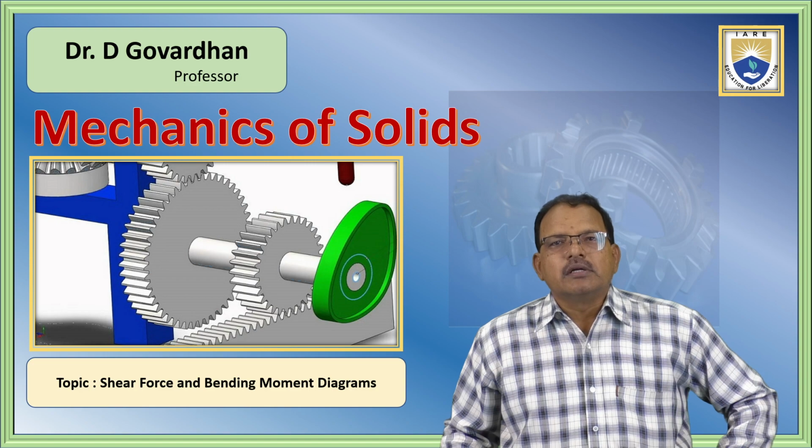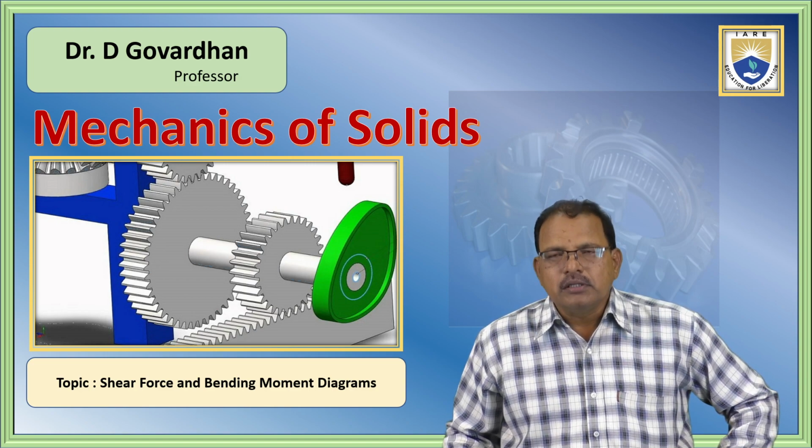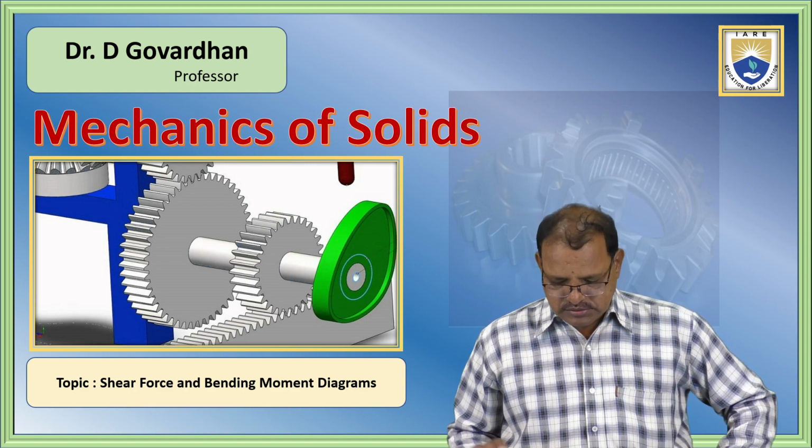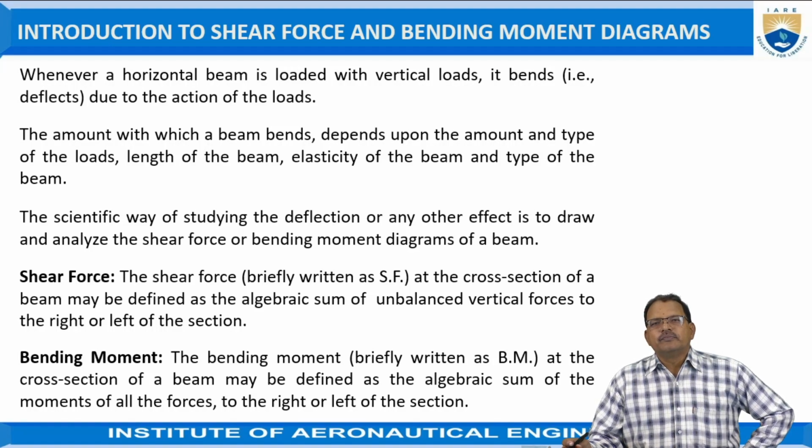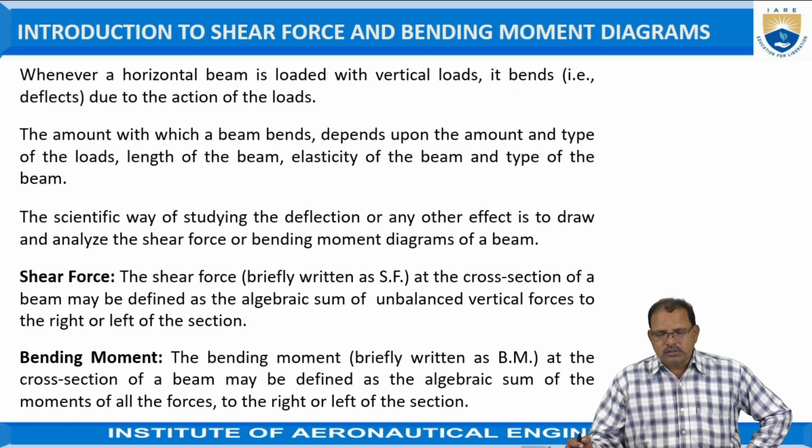Today we are covering shear force and bending moment diagrams. When a horizontal beam, it may be cantilever, simple supported, or overhanging, is loaded with vertical loads, it deflects or bends because of the action of the forces.